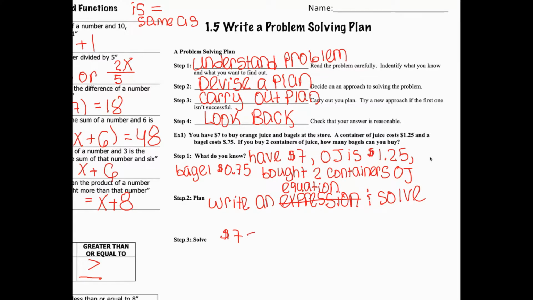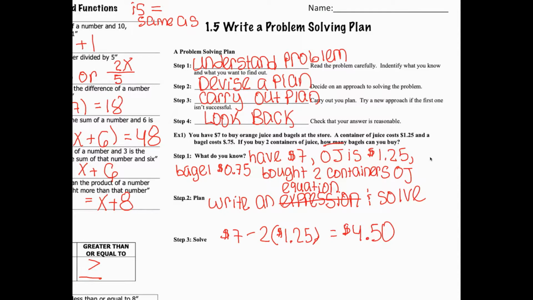So minus 2 times the cost of orange juice, which is $1.25. And then I'm going to figure out what that's equal to. That comes out to $4.50.